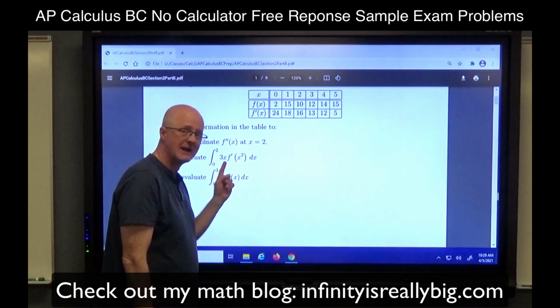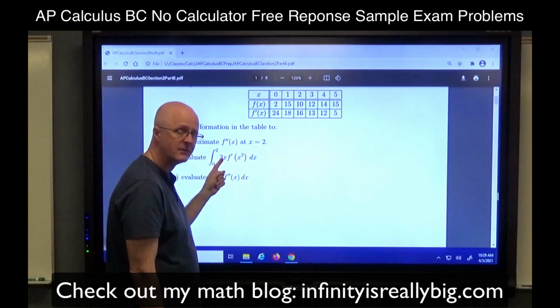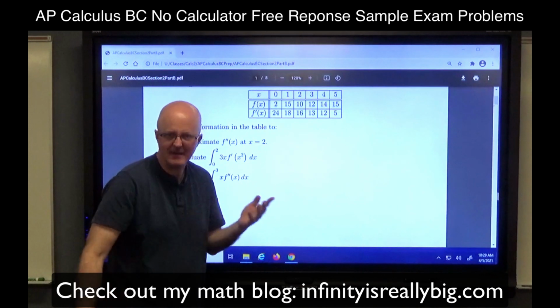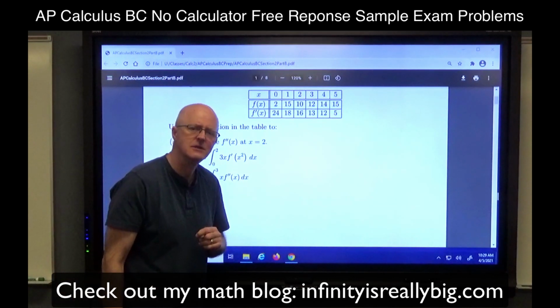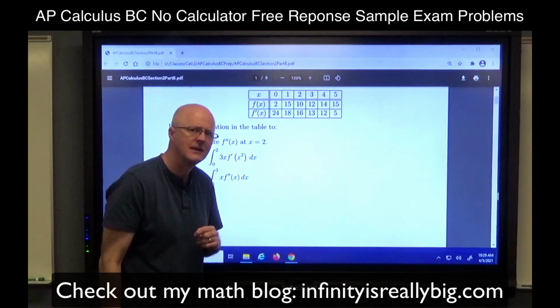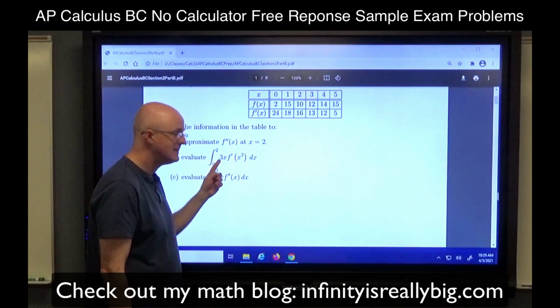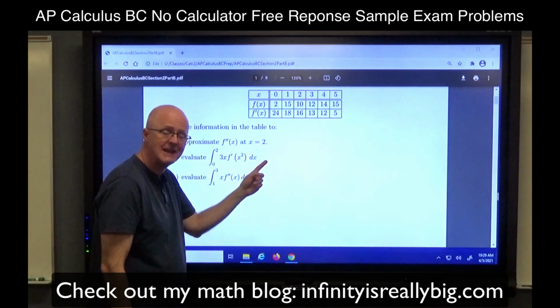If this were a 2x there instead of a 3x, if that were a 2 instead of a 3, with enough thought, I hope, and experience, you would realize that if you did a substitution, u equals x squared, then u prime would be 2x. du, if you like using the du, would be 2x dx.